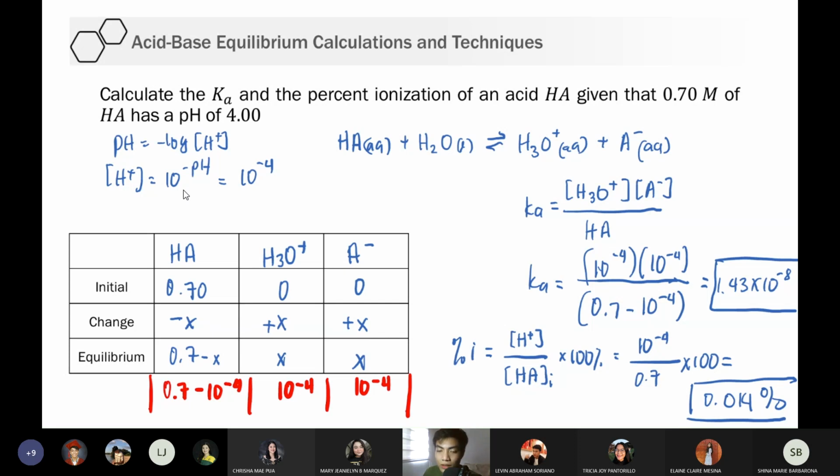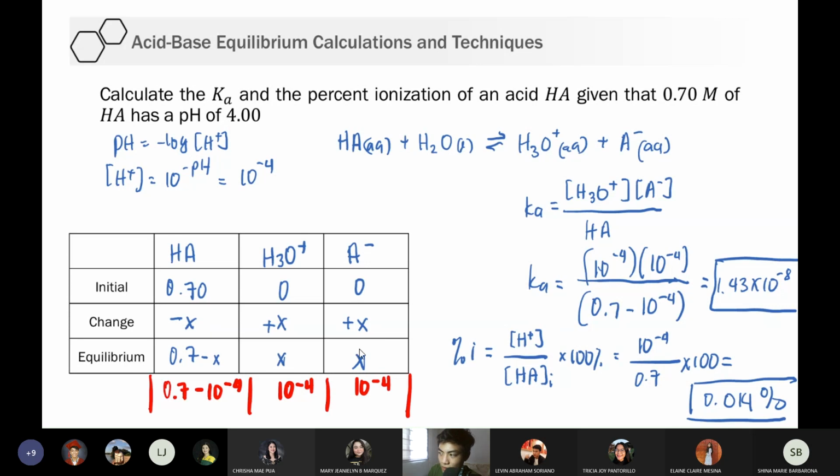Again, pwede ibigay sa inyo pH, pOH, o kaya percent ionization. Pag percent ionization, all you have to do is to multiply that percent ionization by your initial concentration. You will get the equilibrium concentration of your acid. Multiply mo lang, 5% times this. O, yun na yung X mo doon.